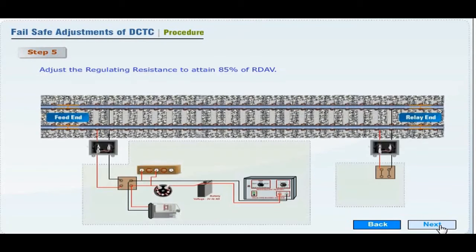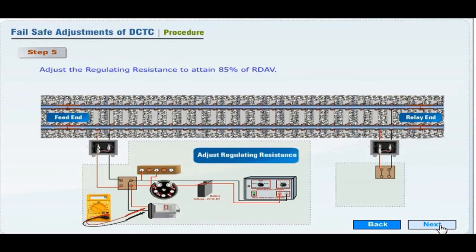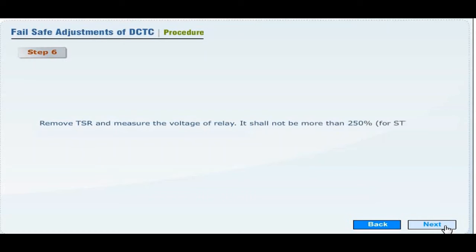Step 5. Adjust the regulating resistance to attain 85% of rated drop-away voltage. Step 6. Remove TSR and measure the voltage of relay.